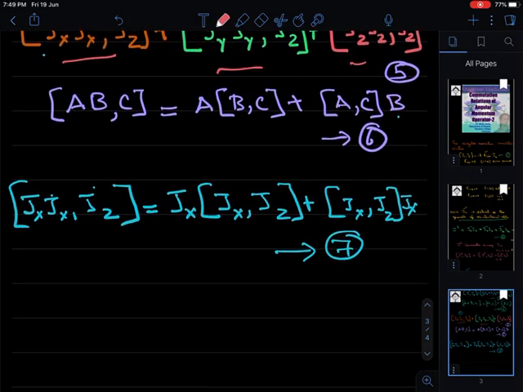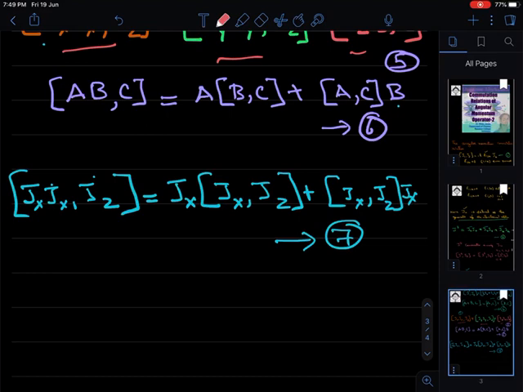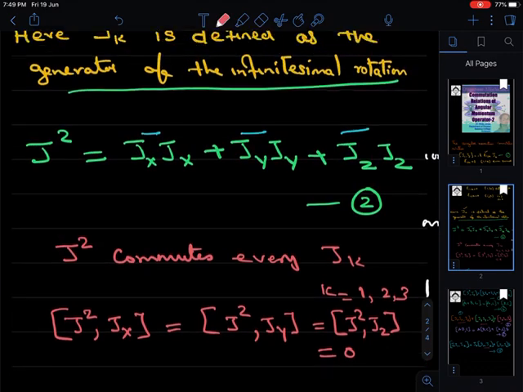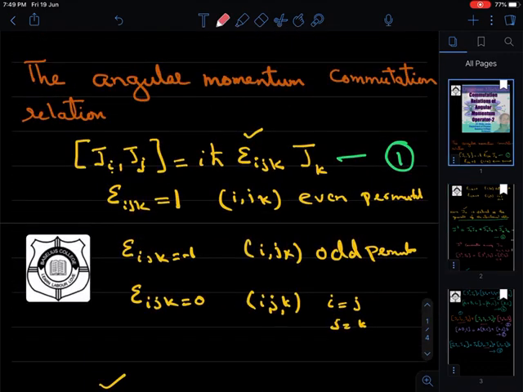Now tell me, what is [Jx, Jz]? We have this in our equation 1. Just look into that equation 1. When i is equal to 1, that is Jx, and j is 3, that is z, [Jx, Jz], x and z, what is the permutation?